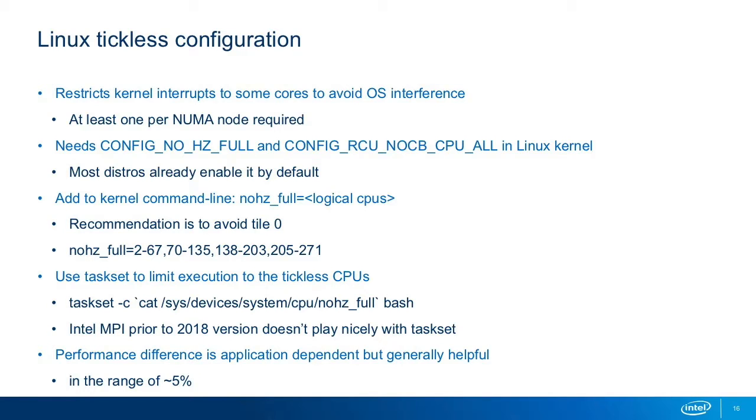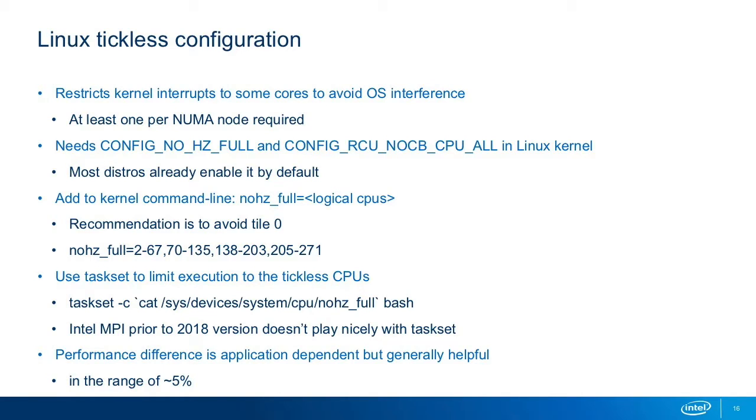The idea here is to reserve one core or one tile for the operating system, so that all the system ticks and so on happen on the first tile, and your application runs on the rest of the tiles to separate the influence of the OS from your application. And this could really be a performance changer.